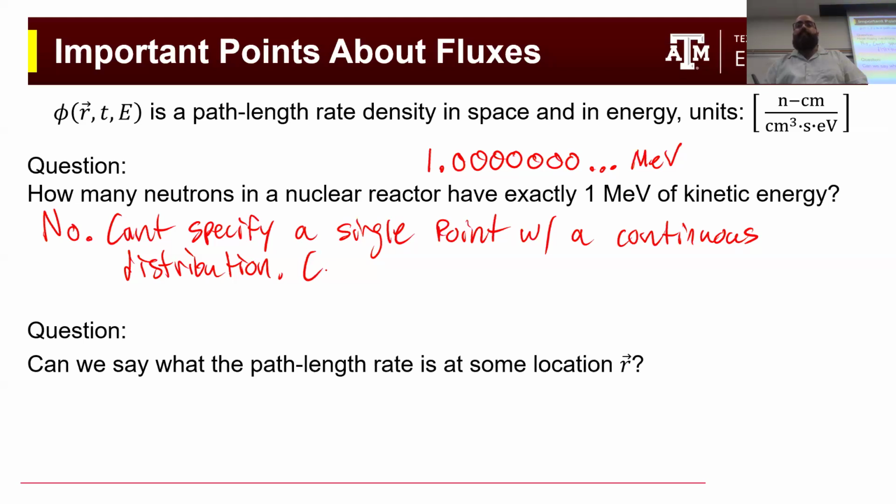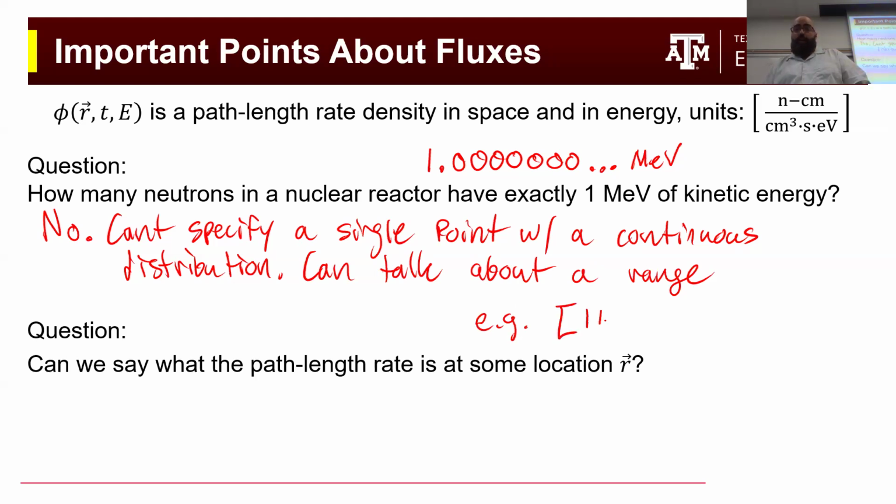So we can talk about a range, for example, how many neutrons have an energy between 1 MeV and 1.1 MeV. That's something we could talk about, but we can't talk about evaluating it at a specific point.